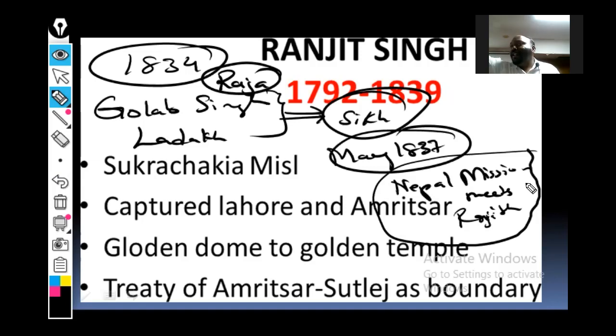That means Aksai Chin, everything comes under the control of Ranjit Singh. Then in May 1837, the Nepalese mission comes and visits whom? Ranjit Singh from Nepal, and Nepalese Gurkha soldiers come into the sovereignty of whom? Under the control of Ranjit Singh, and that is how Nepal Gurkhas become part of the Sikh Imperial Army.